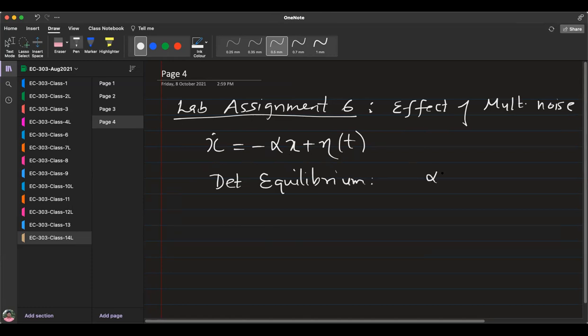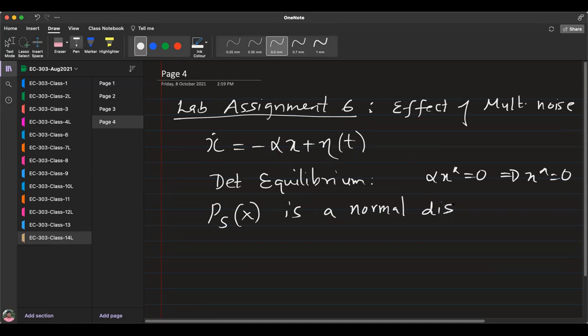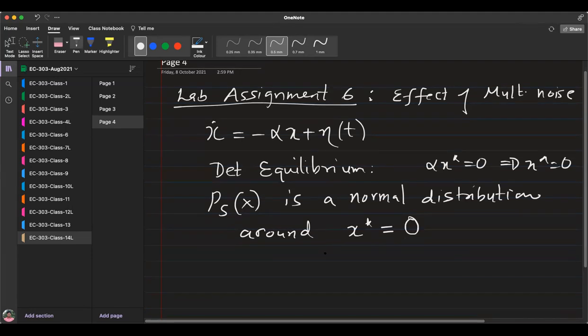That is given by alpha x equal to 0, meaning x naught is equal to 0. Basically, what we have found is that P_S of x is a normal distribution around x star equal to 0. That's what we have just found. Does everyone agree with this?